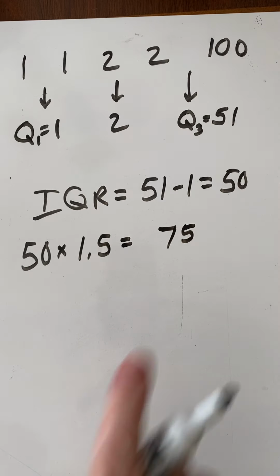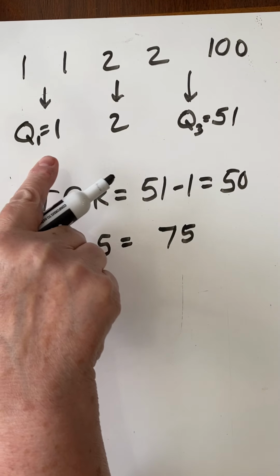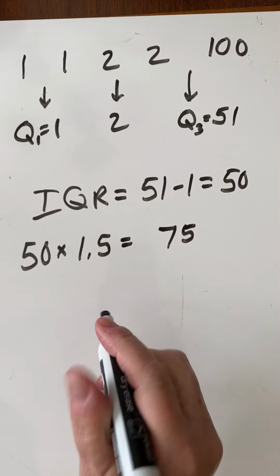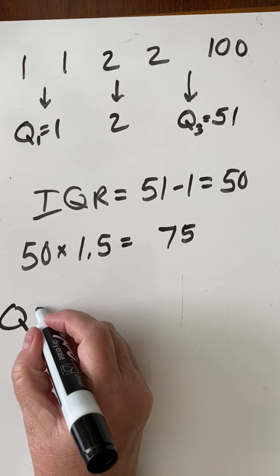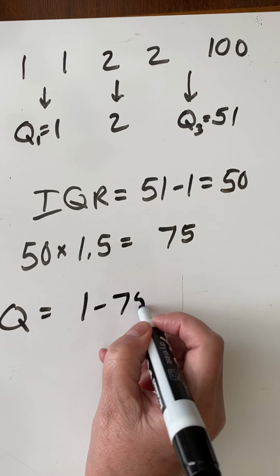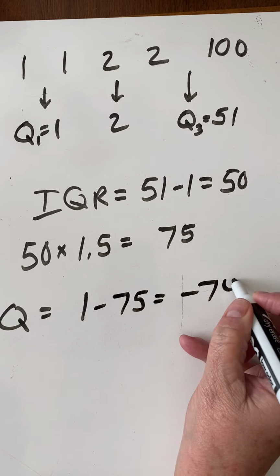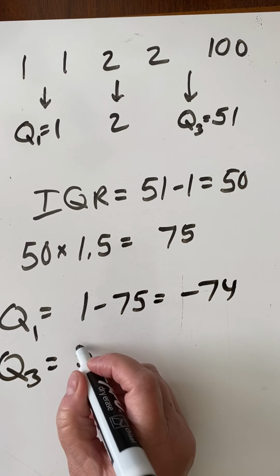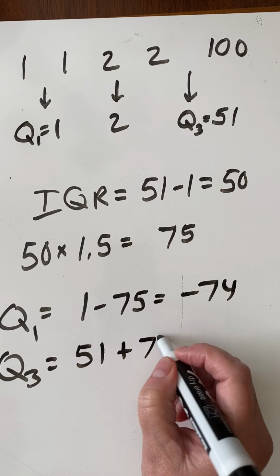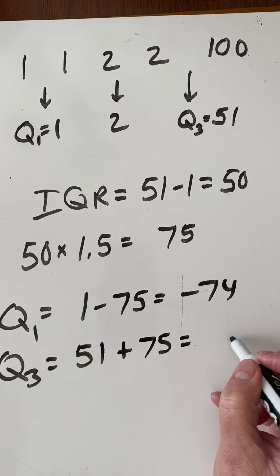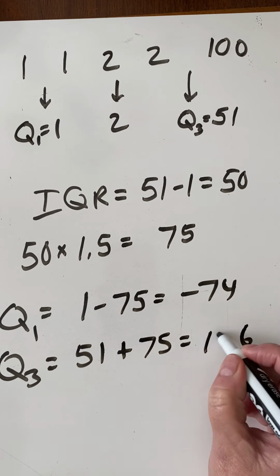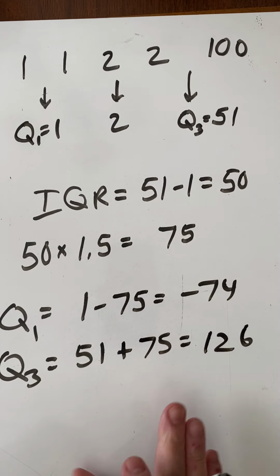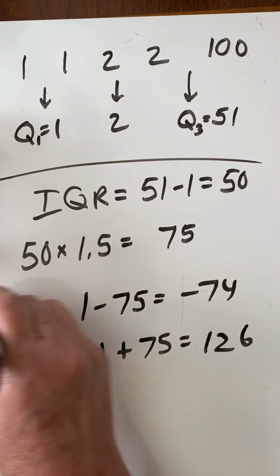So then I'm going to take that number and either subtract it from the Q1 or add it to the Q3. So for Q1, it's going to be 1 minus 75, so that would be a negative 74. For Q3, it is 51 plus 75, which gives me a 126. Then I'm going to compare my data. Look at my data right now.